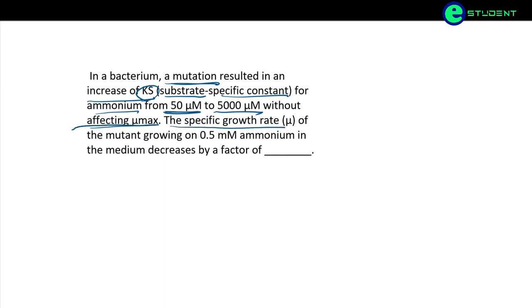The specific growth rate mu of a mutant growing on 0.5 millimoles ammonium in the medium decreases by the factor of. So to solve this question we have one formula.